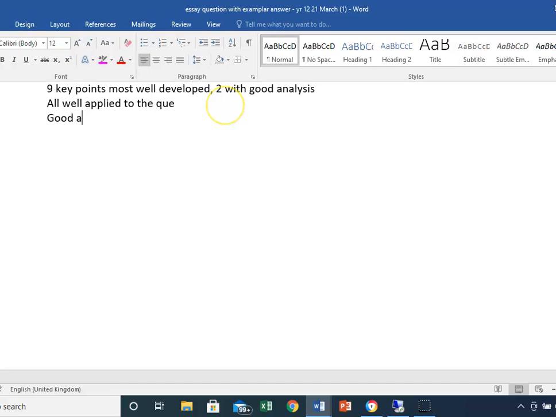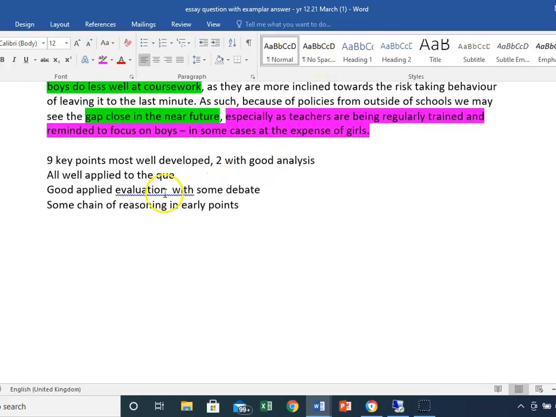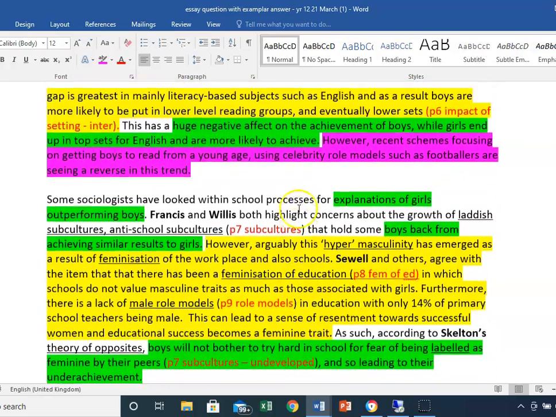A good applied evaluation with some debate. Okay, some chain of reasoning in early points. Okay, so the chain of reasoning isn't consistent, which kind of falls into your analysis category.